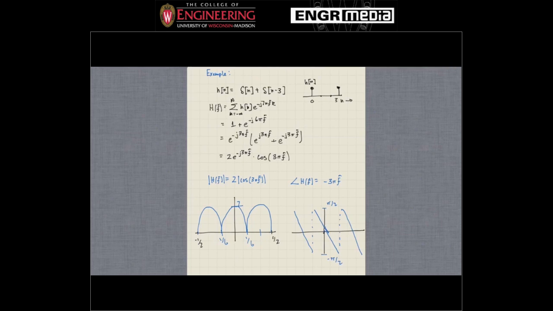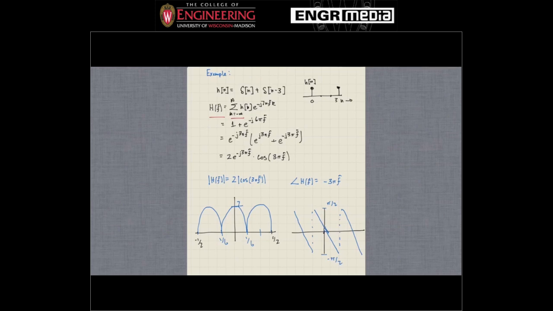Again, do the same thing, just look at the frequency response definition, which we saw 3 slides ago, and then we start plugging in. The first thing I would notice is that even though the sum is from minus infinity to infinity, h of k is only non-zero for n equals 0 and n equals 3.